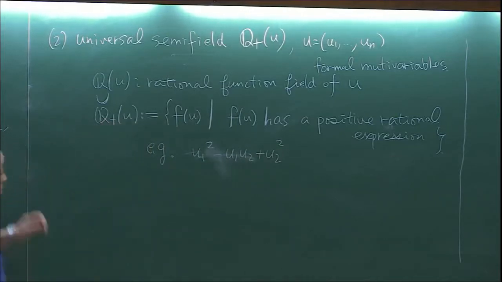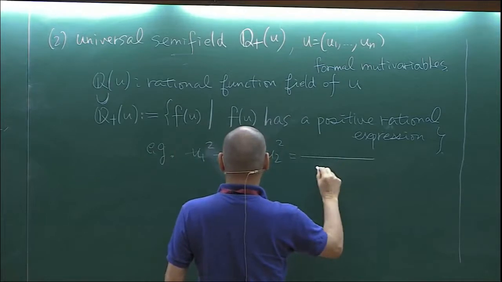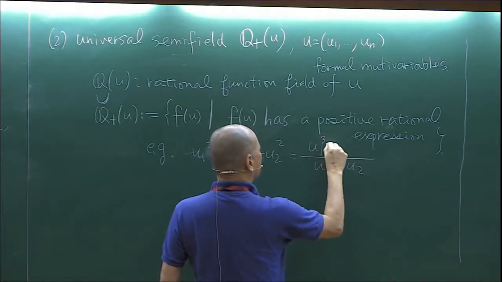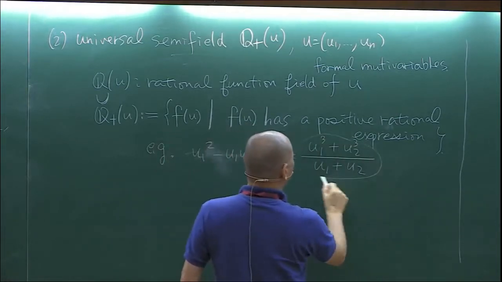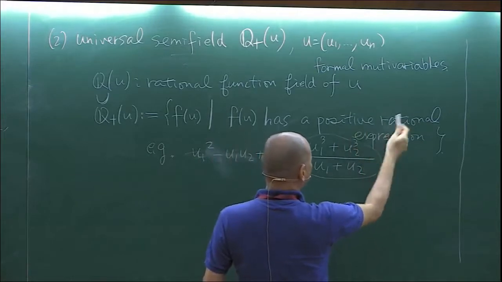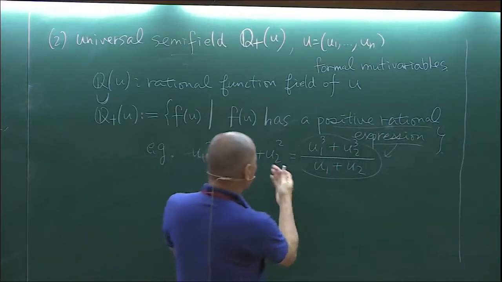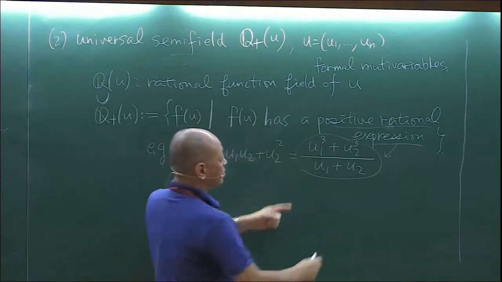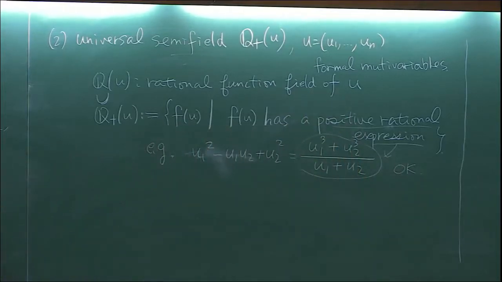This has a minus sign, which is not good, but you can write it in this way, and this is a rational function with a positive form. So this is a positive rational expression. If you write this function in the first way, it is a bad form, but if you write it in this way, you can see that it is a member of this. A little bit non-trivial notion.